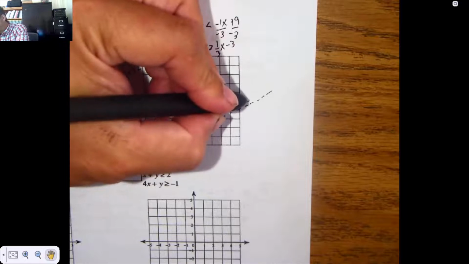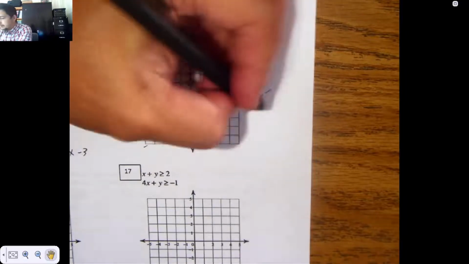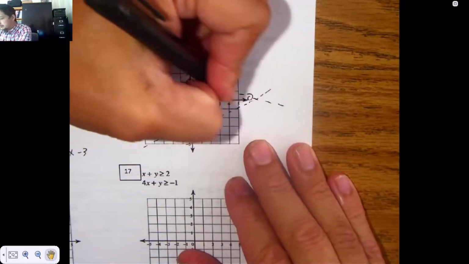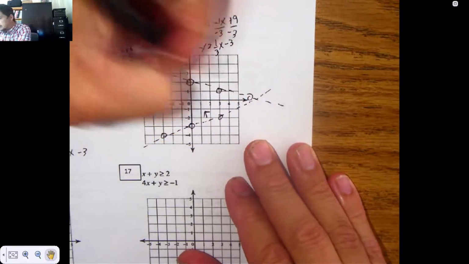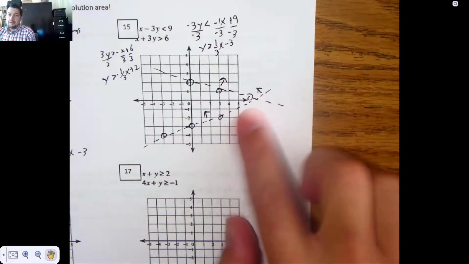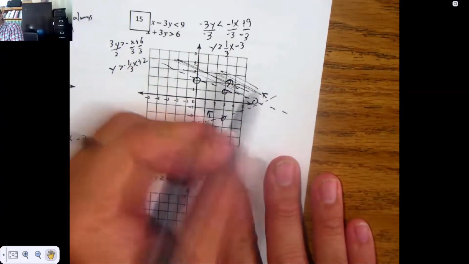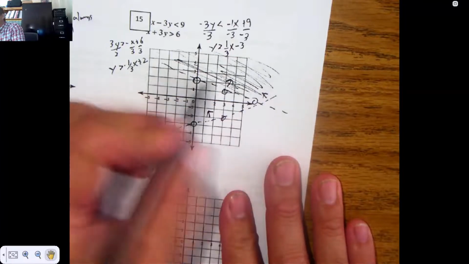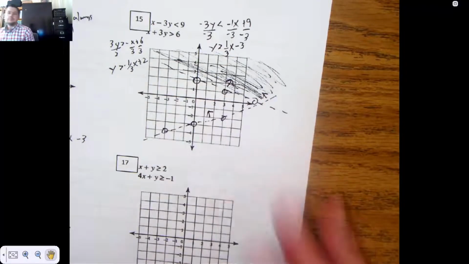Fall 1 and run 3. And it is saying shade above. So this one was saying shade above, this one's saying shade above. This is going to be my solution space. I actually extended the grid a little bit to see this one. That's what I had to do.